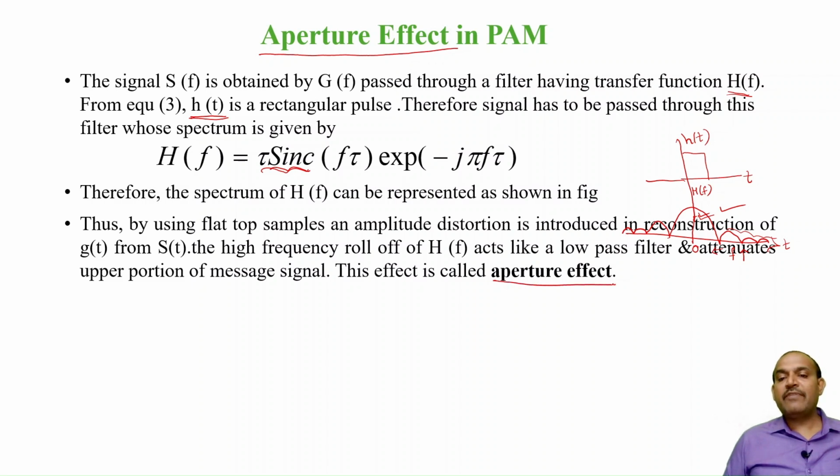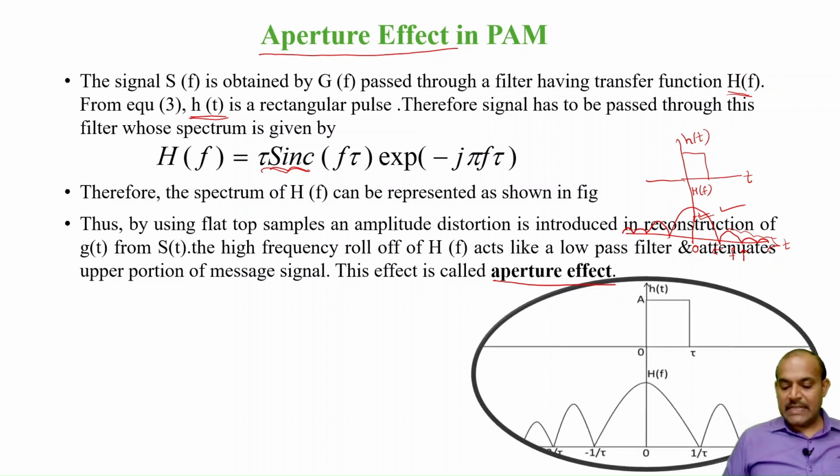Such an effect or distortion, we call the aperture effect. So this is the transfer characteristic I was talking about. This was h of t, whereas h of f is, you can observe that the amplitude is reducing when the frequency is increased. This effect I call the aperture effect.